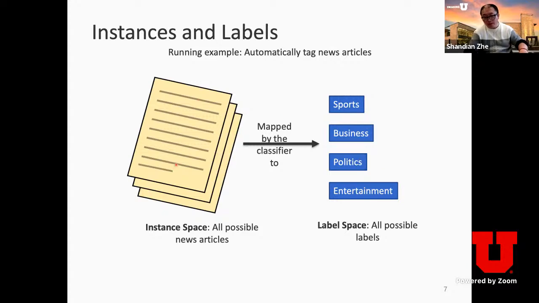And then given those instance space and label space, our machine learning task is essentially to find a mapping, which maps each news article in this instance space to a specific label in the label space. This is the whole task definition for our supervised learning.